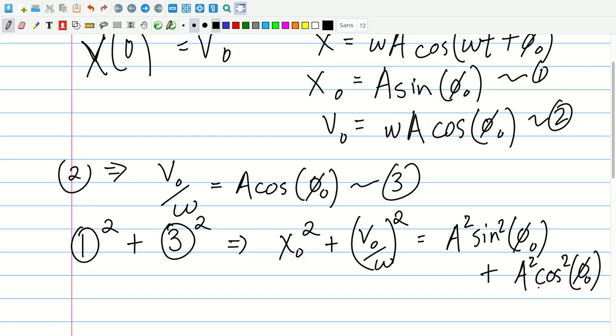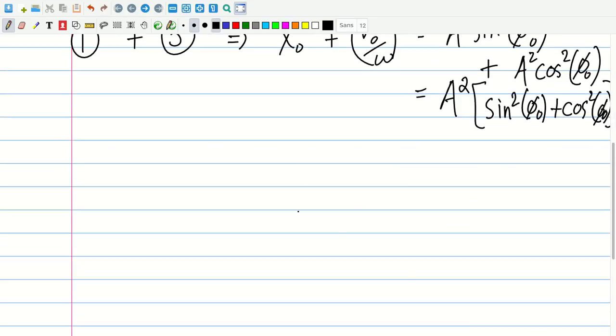Now, there's a common factor on the right side, A squared, so I'm going to pull that out, and I get sine squared of phi naught plus cosine squared of phi naught. But you know from elementary trig that sine squared of an angle plus cosine squared of an angle is 1. So this ends up equaling 1.